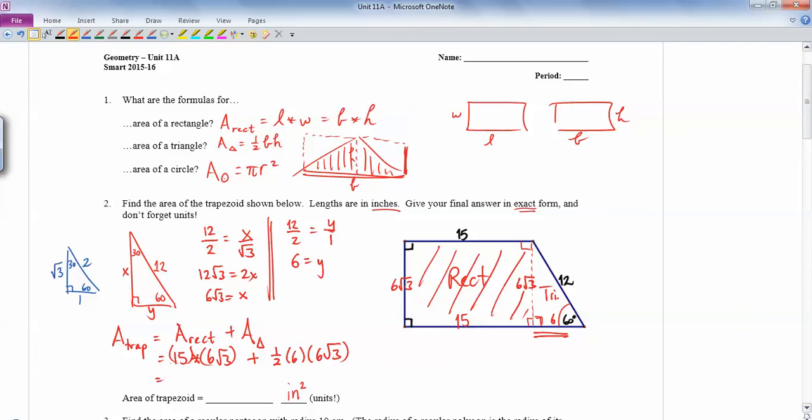So then 15 times 6 is 90, so that's 90 root 3 plus, and then half of 6 is 3, times another 6 root 3. So it's 3 times 6 root 3, which is 18 root 3. And then 90 root 3 plus 18 root 3. If I have 90 root 3s and I add 18 more of them, I've got 108 root 3 right there.